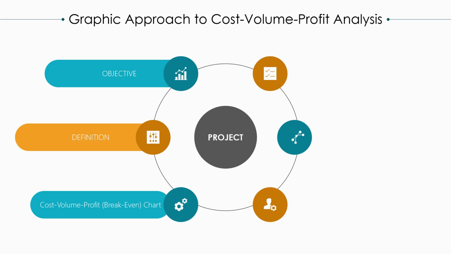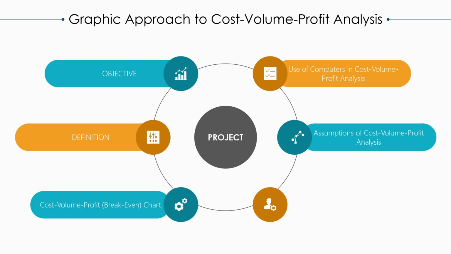So, getting the break-even point of the cost volume profit using the chart or the graph, use of computers in cost volume profit analysis, assumption of cost volume profit analysis, and sample analysis.